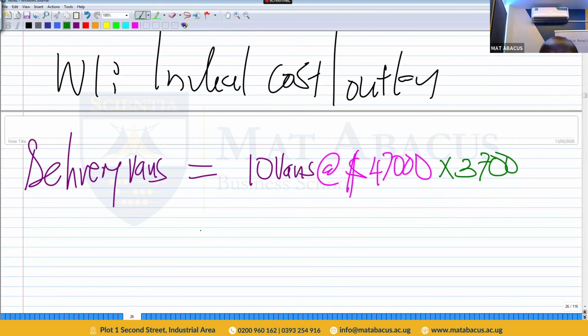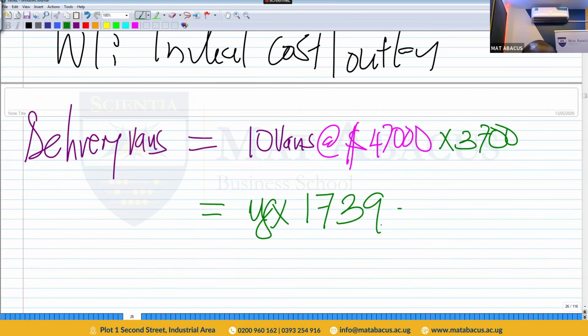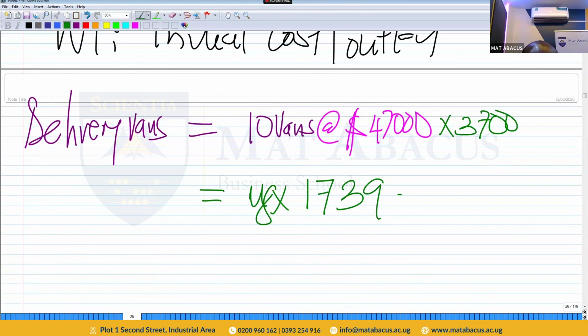So when you multiply that, you should be able to get UGX. The cost of the vans should be UGX 1 billion point something 39. You will get a mark for that. We continue.